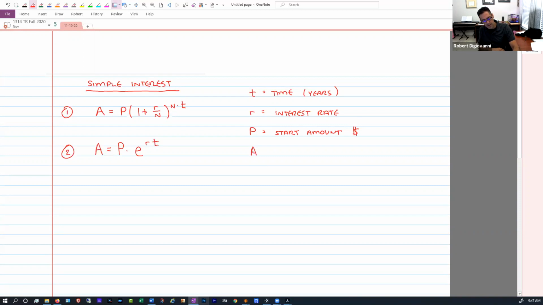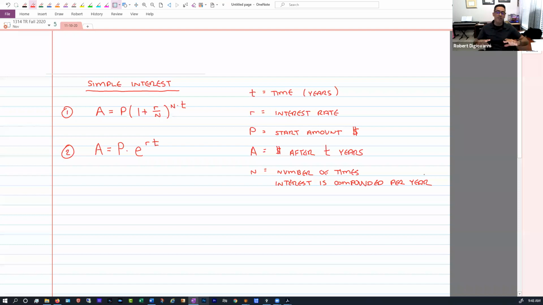And then A is the money after T years. And then the N in the problem is the number of times the interest is compounded per year.